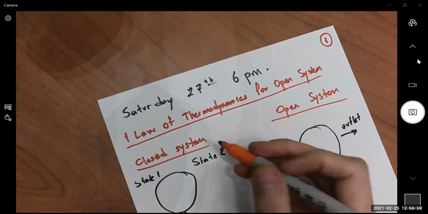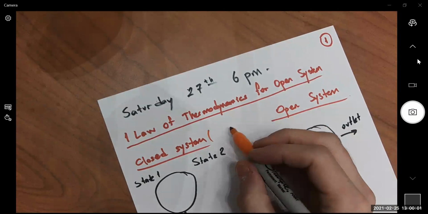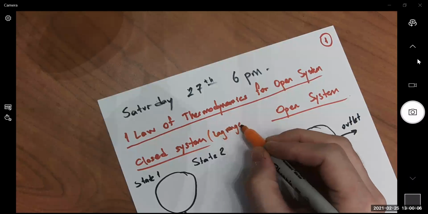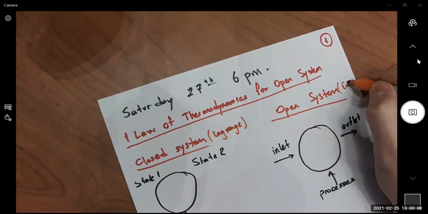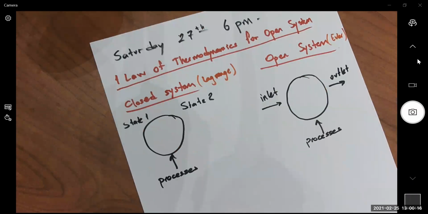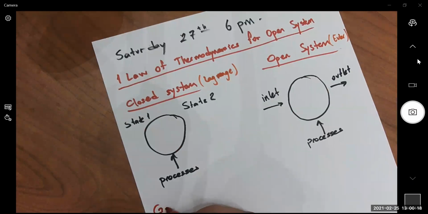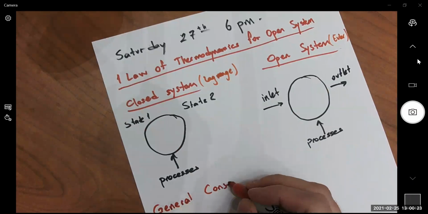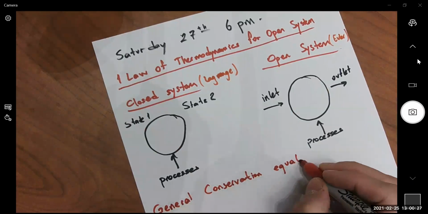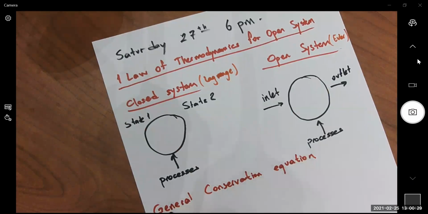Closed system is also called Lagrange, and open system is Euler or control volume. General conservation equation.